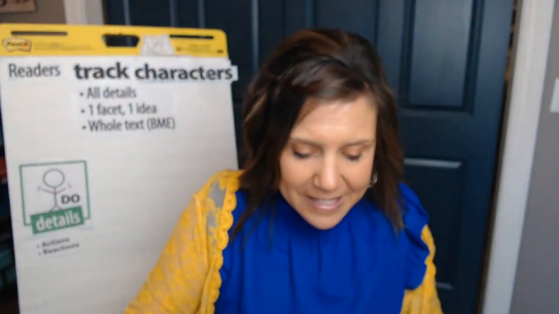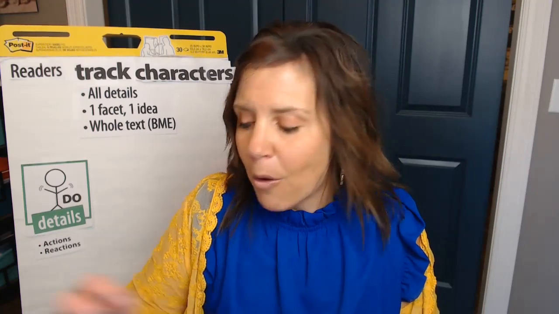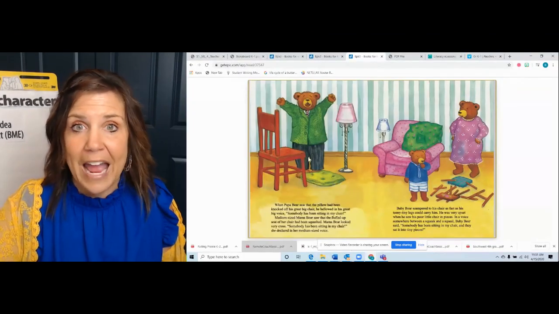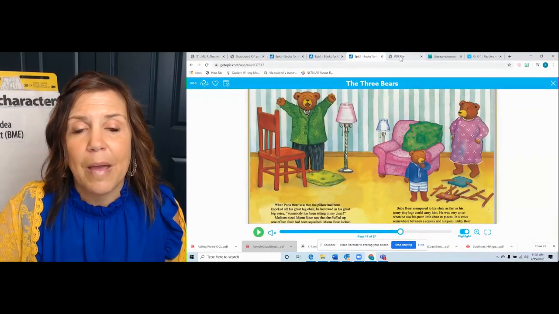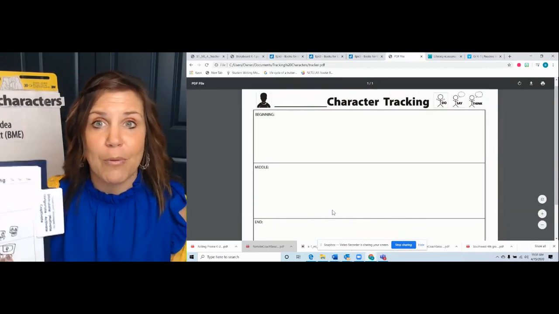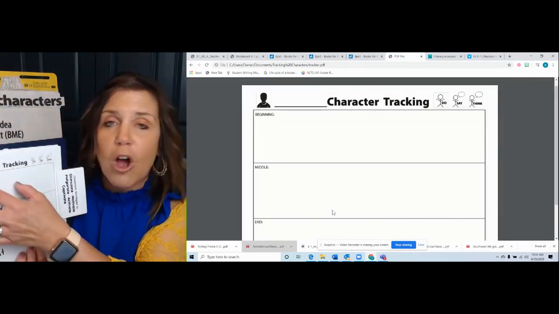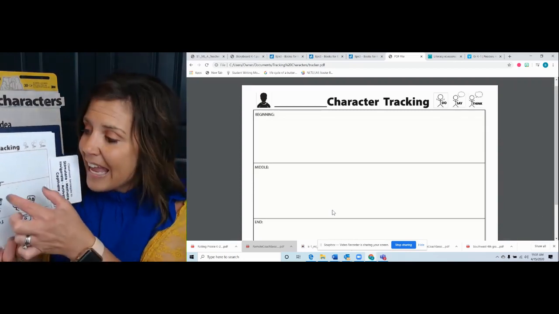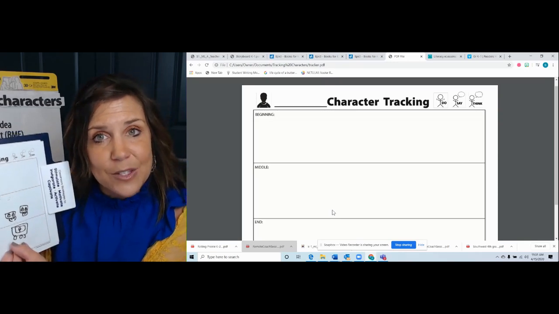Okay, so let's have you track Goldilocks and think about what Goldilocks is doing in the story. So you can either print out the PDF, the document there, like I had. If you have a printer and you want to print it out and you want to just draw pictures or just write a few words about what she's doing at the beginning and in the middle of the story and at the end of the story.